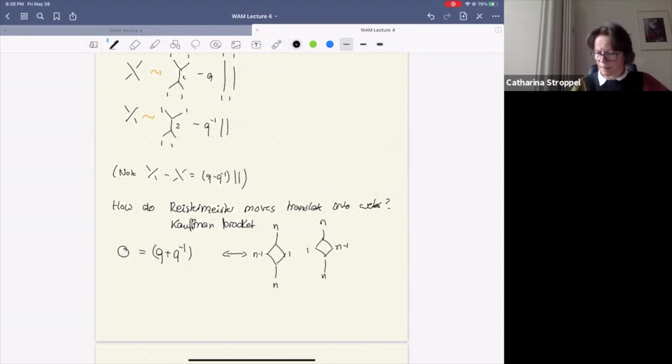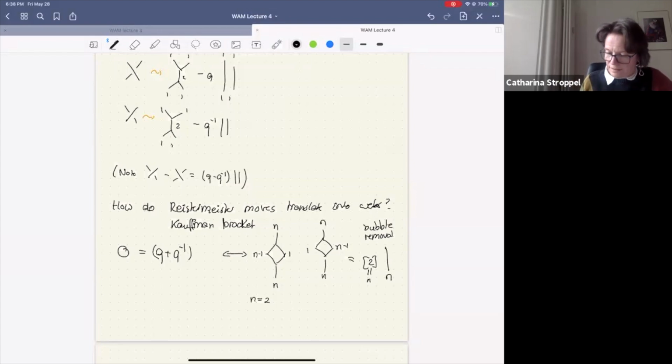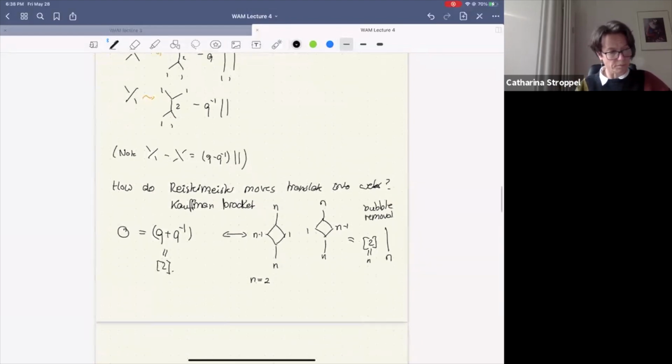And we had the bubble removal, and I want to put n equals 2. So when I put n equals 2, we had the bubble removal relation, which we proved. This was equal to quantum 2, or quantum n, times this guy. And this quantum 2 is exactly this Q plus Q inverse. So this translates nicely for n equals 2.